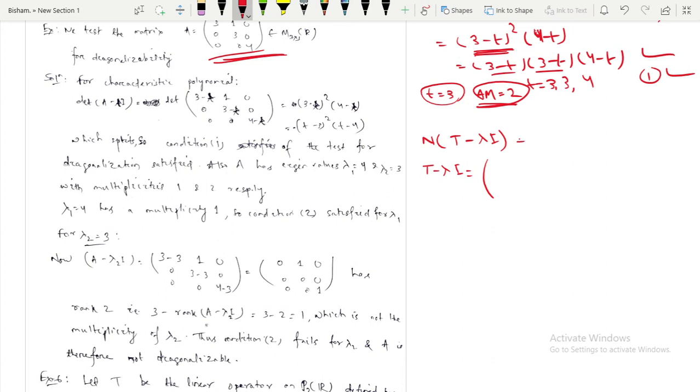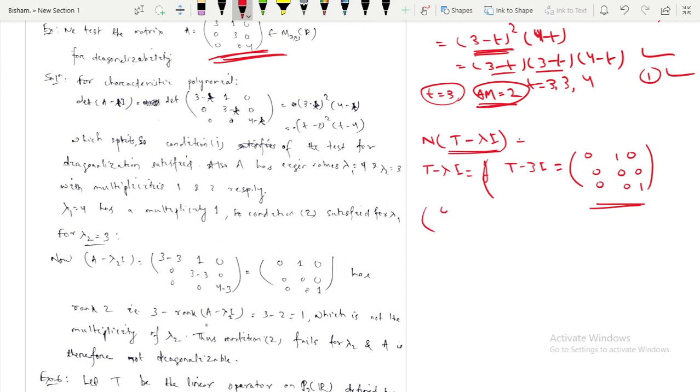So we have to evaluate t minus 3I. This is your t, then t minus 3I will be 0 1 0, 0 0 0, 0 0 1. I have to find its nullity, or its null space.